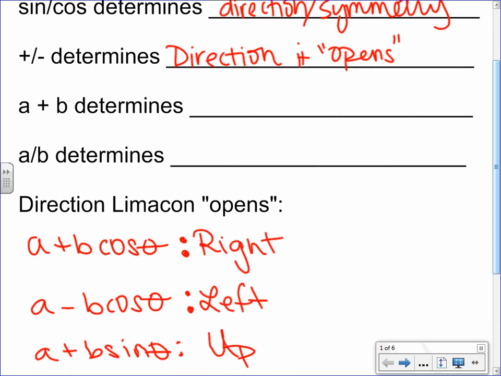Let's go back up to here. What did you figure out about a plus b? Well, it has something to do with r.